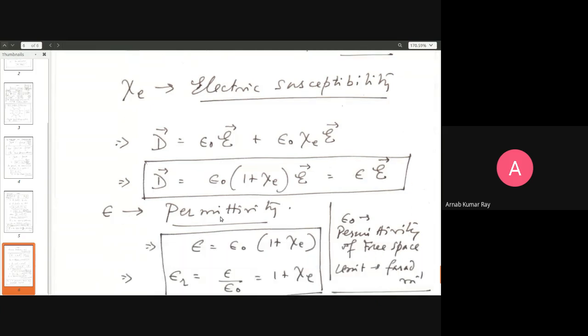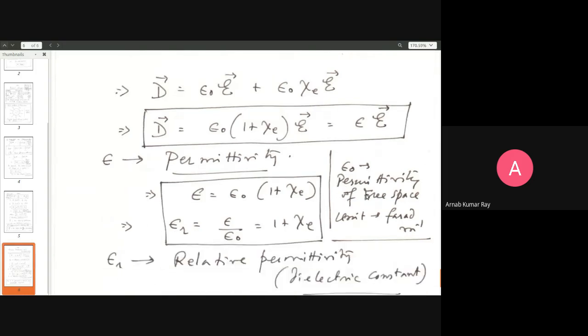Epsilon is permittivity, and epsilon naught is the permittivity of free space, with the unit farad per meter. This comes from capacitance. I hope you are aware of the formula of a capacitor. Capacitance C is equal to epsilon naught into A by D, where you have a capacitor with two plates, the plates have an area A, and the separation between the plates is D. I'm positive that even you all would have studied this at school.